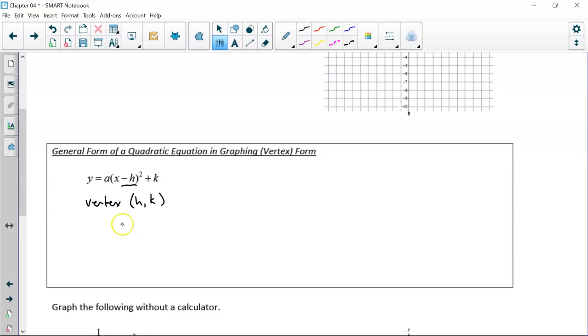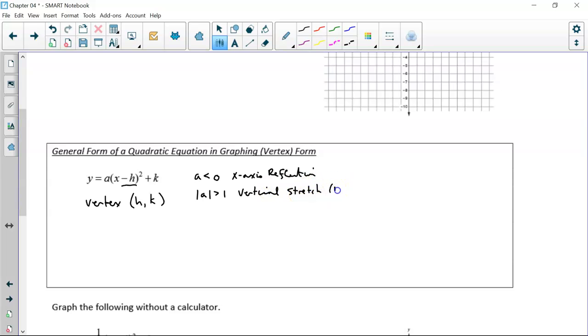Now, what these values do, when a is less than 0, as we talked about, there's an x-axis reflection. When the absolute value of a is greater than 1, that's when we have a vertical stretch.